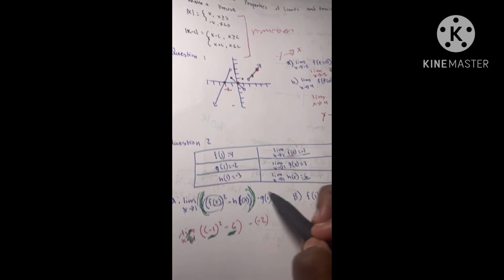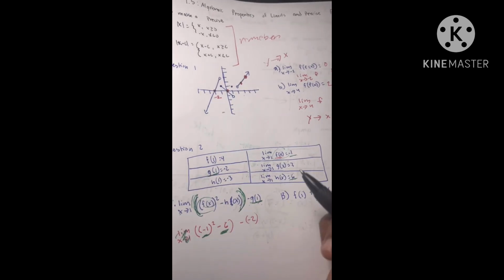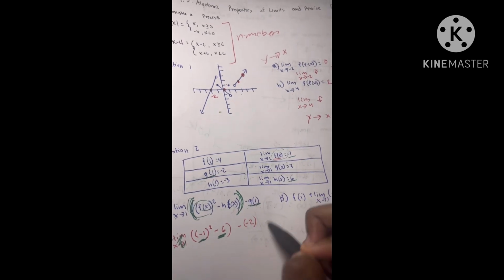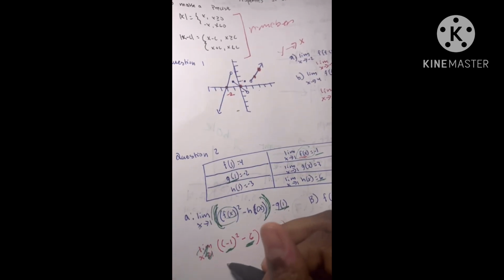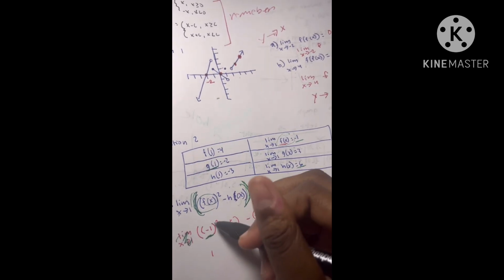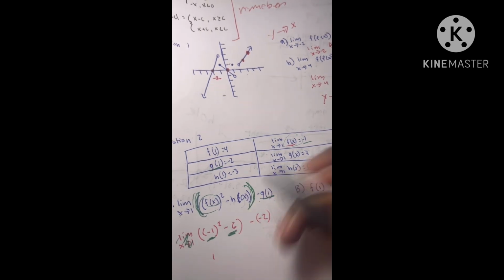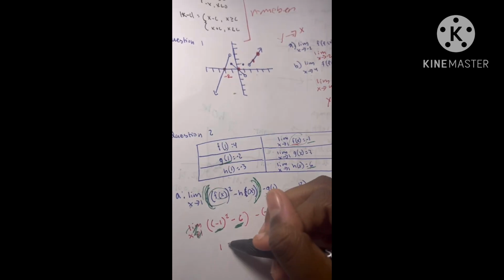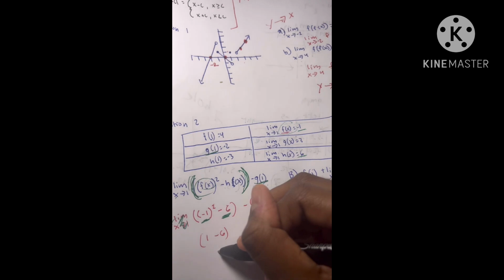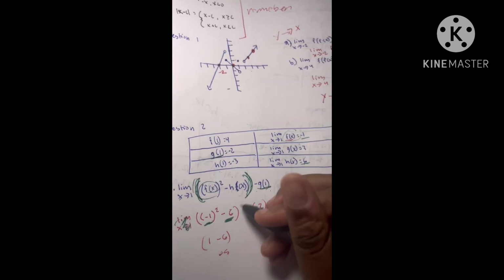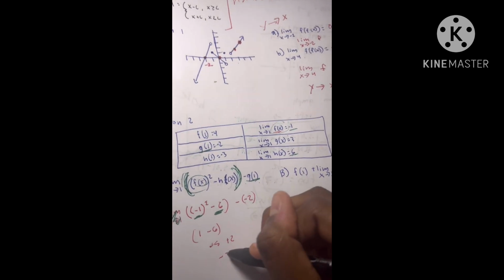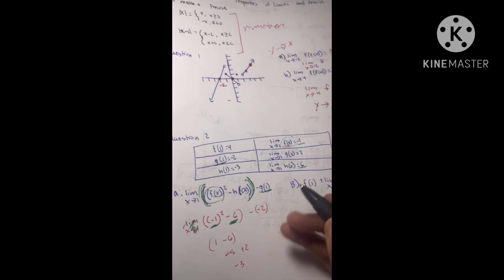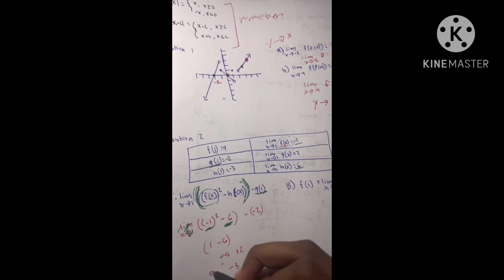But then this one is just g of 1. It doesn't have a limit because it's outside, so it would be -2. To solve it, it will be 1, since that is in the square, so 1 minus 6 is -5, plus 2, which is -3. And that is your answer for A.